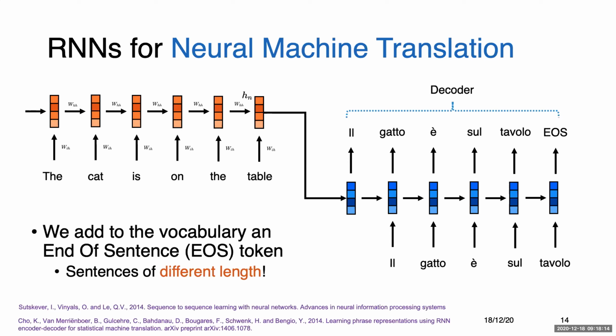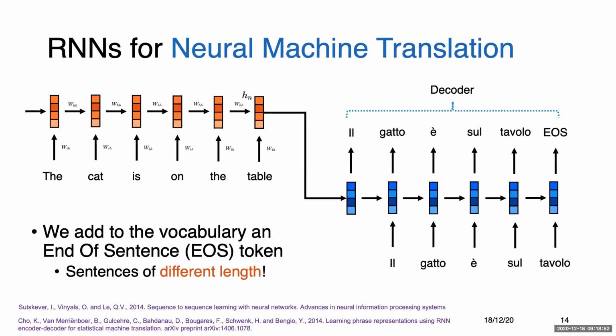So we let the network decide when the translation is concluded, because we are going to take all the words that were produced by the decoder network before the end of sentence token. So this lets the source sentence and the target sentence be of different length. And this is a very important result in the field of natural language processing.